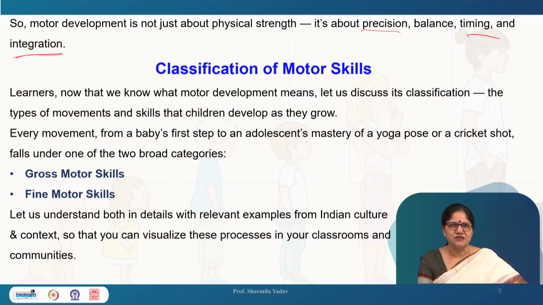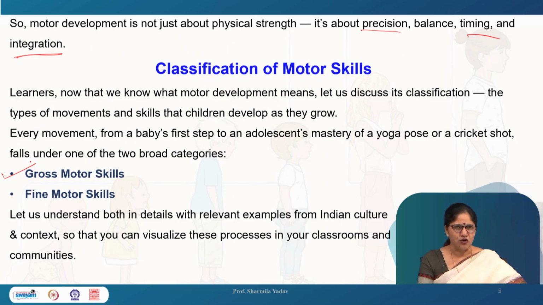Classification of motor skills. Learners, now that we know what motor development means, let's discuss its classification, the types of movements and skills that children develop as they grow. Every movement from a baby's first step to an adolescent's mastery of a yoga pose or a cricket shot falls under one of two broad categories.